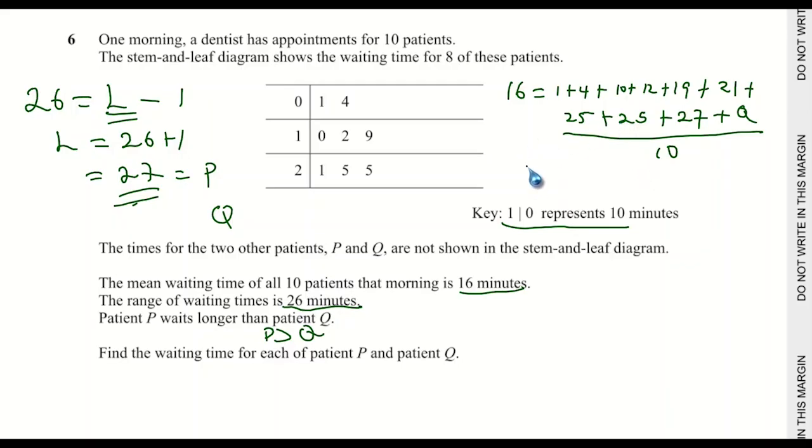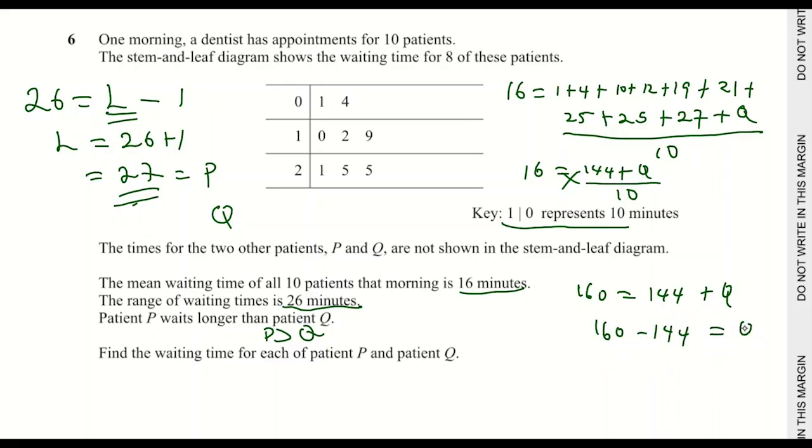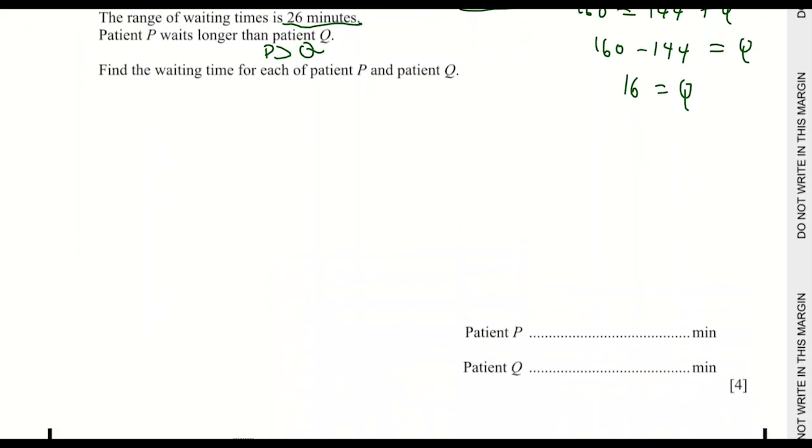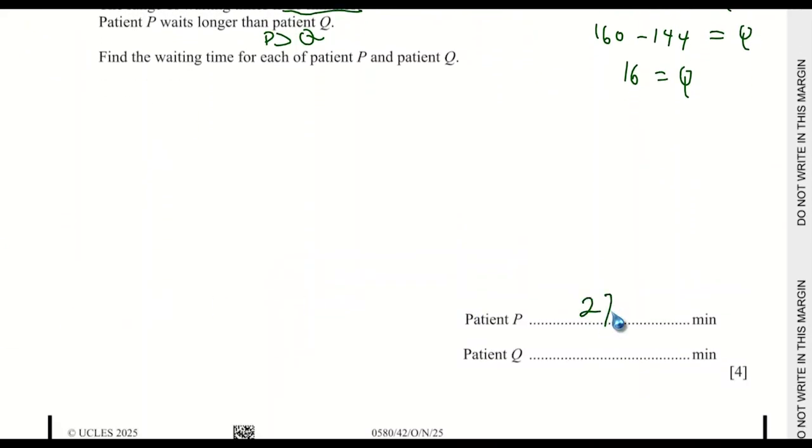If you add up the numbers in the numerator, you should get 144 plus Q over 10. If we cross multiply, this is going to be 160 equals 144 plus Q, and 160 minus 144 equals Q, and the value of Q is 16. So that means P equals 27 minutes, the longest waiting time, and Q equals 16 minutes.